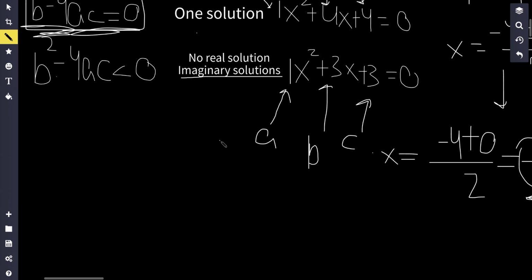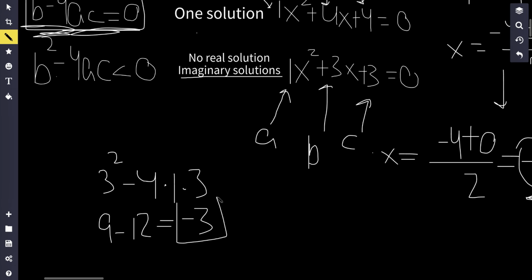So we're going to have b squared, so 3 squared, minus 4 times a times c. Now, 3 squared is 9, minus 4 times 3, which is 12. So we're going to get a negative number. And based on my discriminant, I already know that I'm going to get no real solution. I'm going to get imaginary solutions.